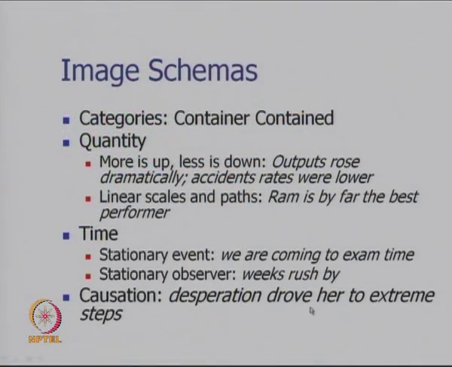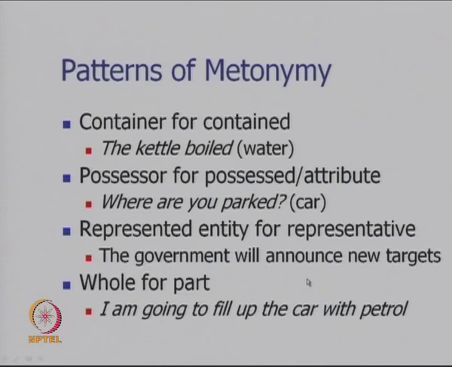Okay. So, as if a physical entity is pushing somebody towards an inevitable end. So, as if desperation is the physical entity which is causing this. Okay. Again, this is a metaphorical situation for effective speech.